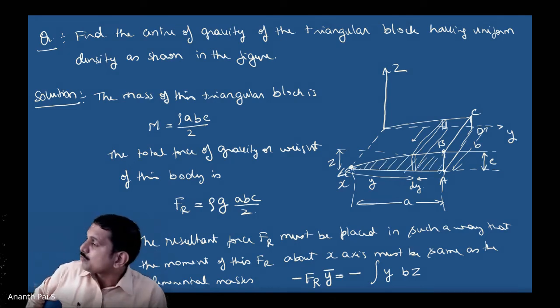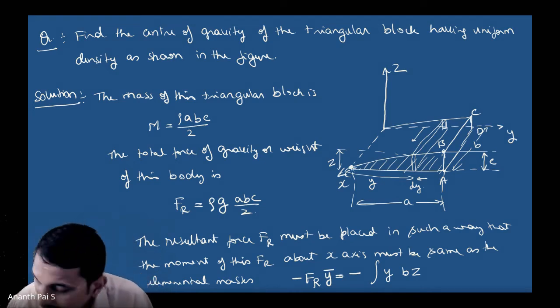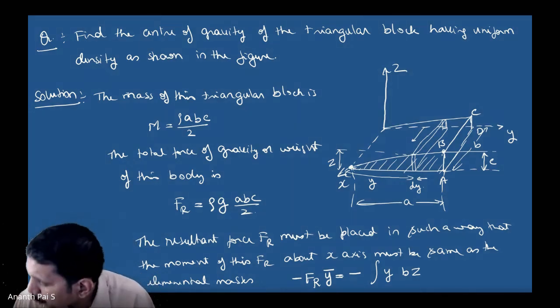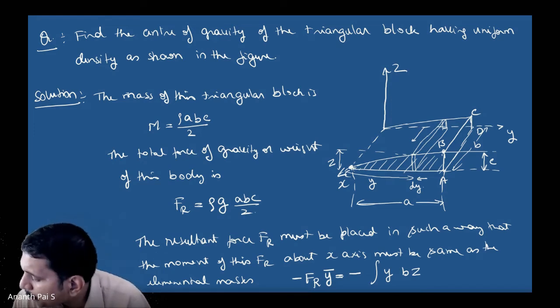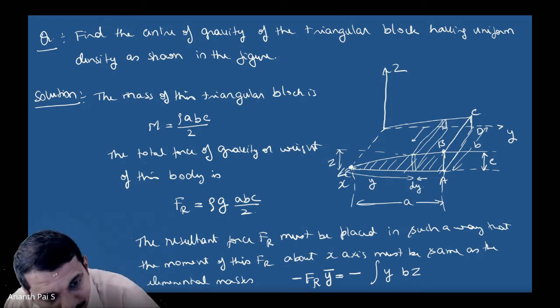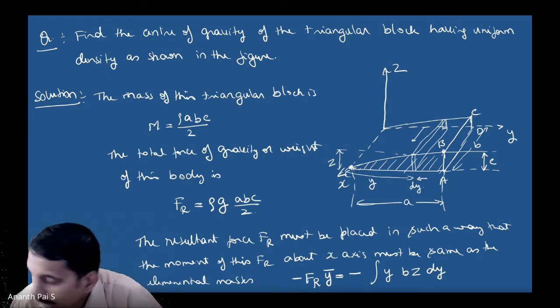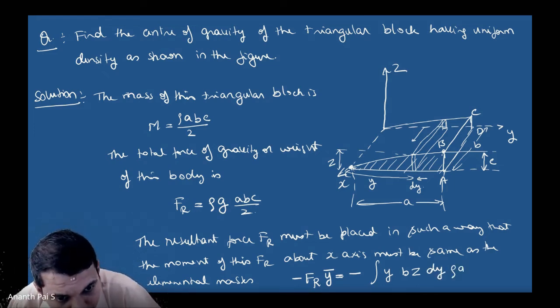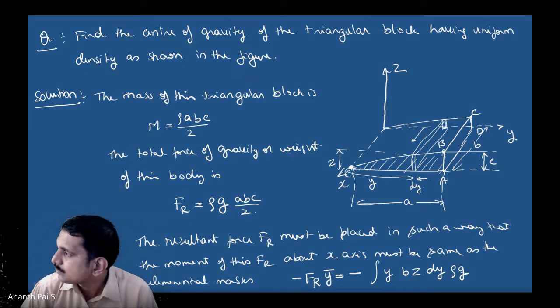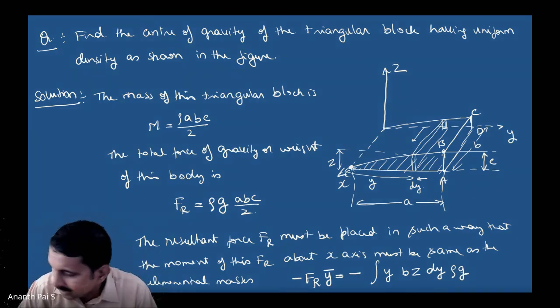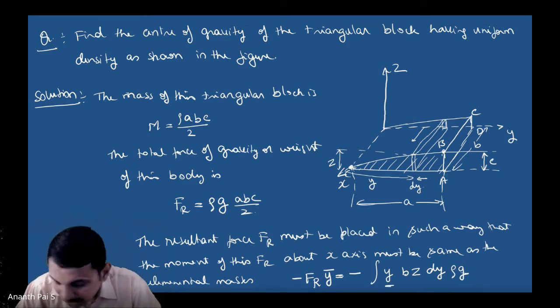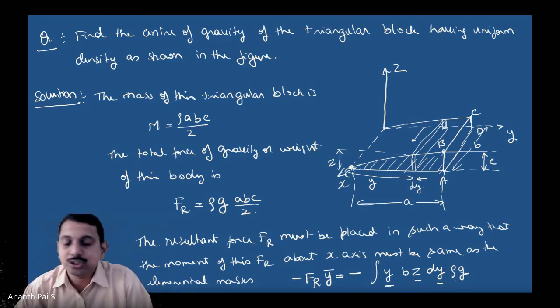So it is y into b into z into dy, into rho into g. Make sense? So what is happening here? This is very important to understand. y z dy rho into g.